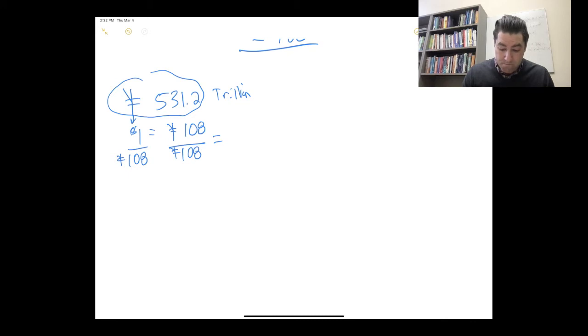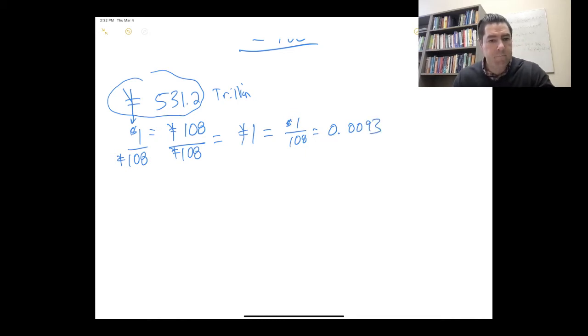So now I have 1 Japanese yen equals 1 over 108 US dollars, which is 0.0093, I think. Yeah, 0.0093 US dollars per Japanese yen, right?